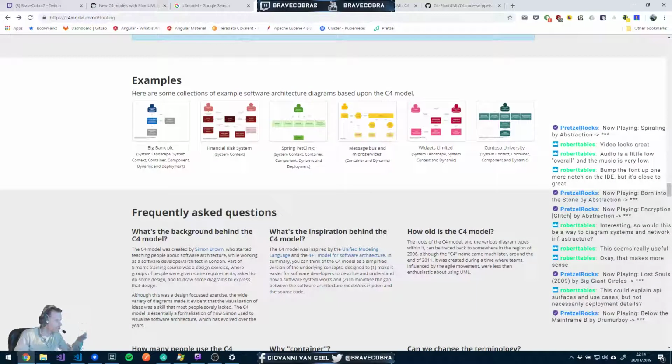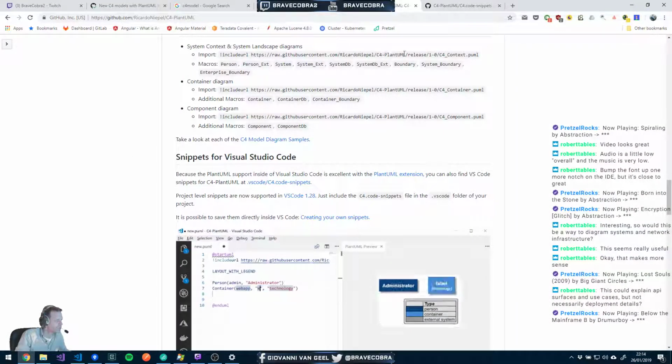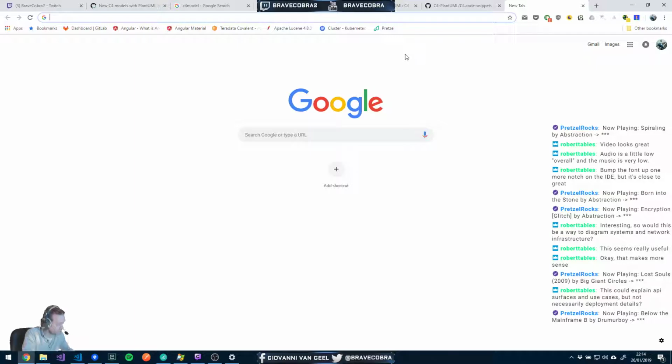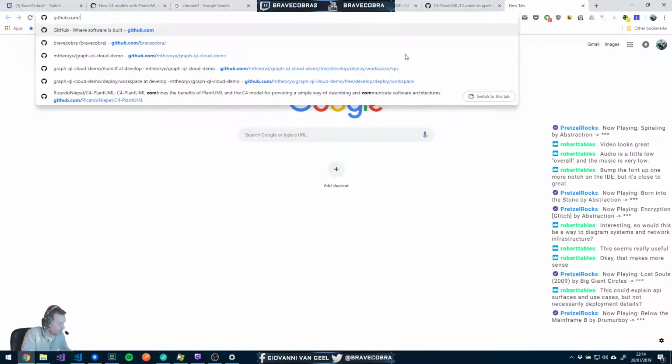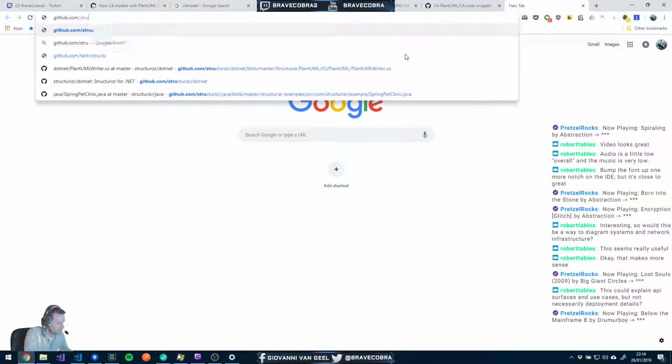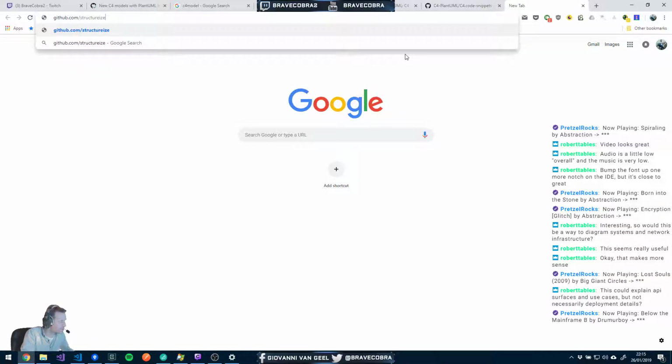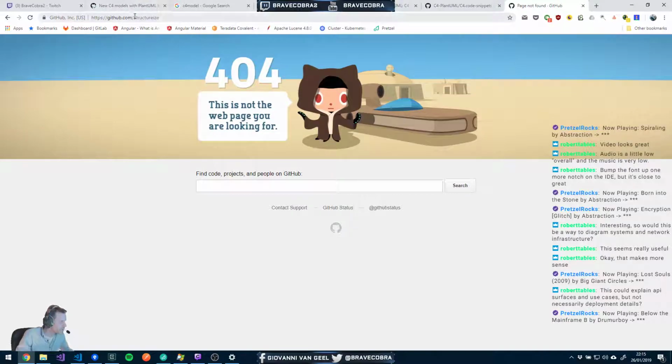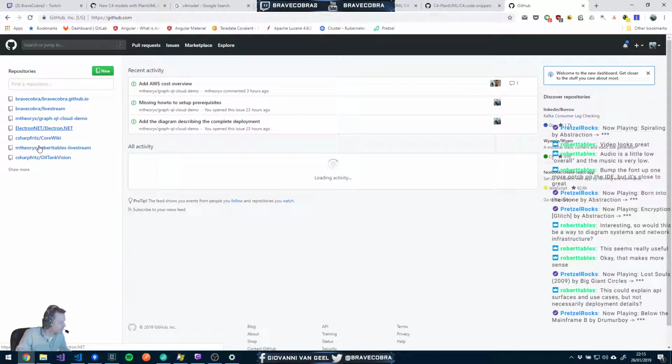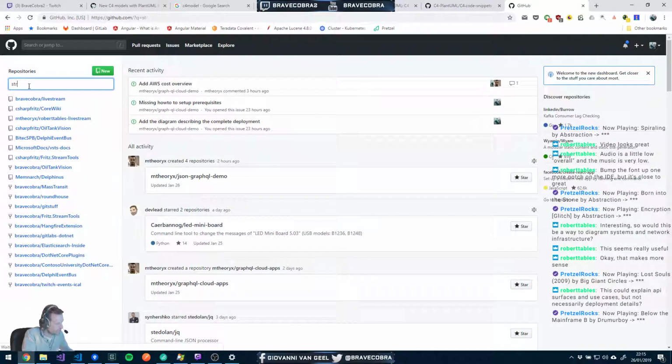We could have a look. So that's structurizr.net on GitHub. It's open source. Structurizr. And I did spell it wrong. Can't remember whether I cloned it.